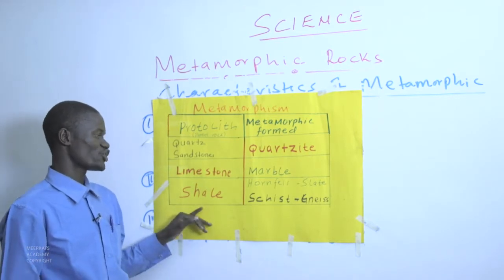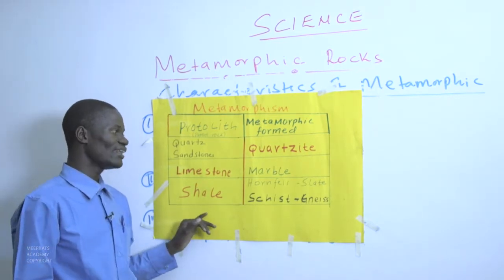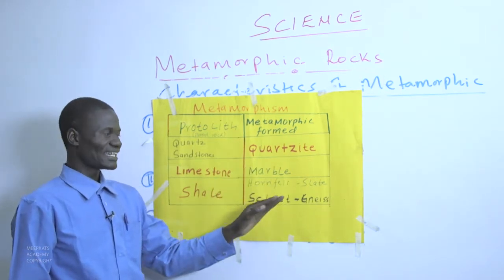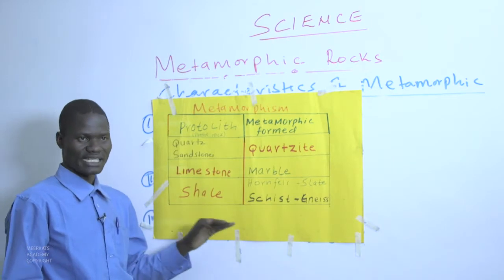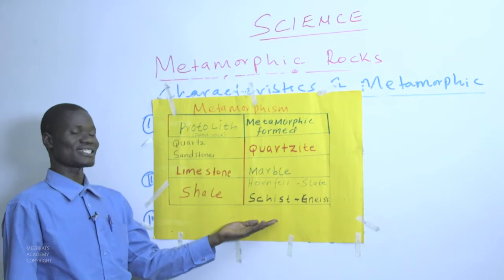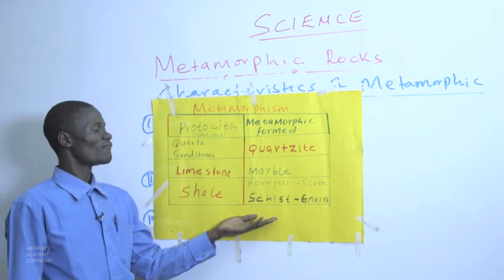Marble will have new characteristics than limestone. Eventually, when we look at shale, it will be able to form various metamorphism depending on the degree of heat that it is subjected to. We have been able to look at a series of heat.